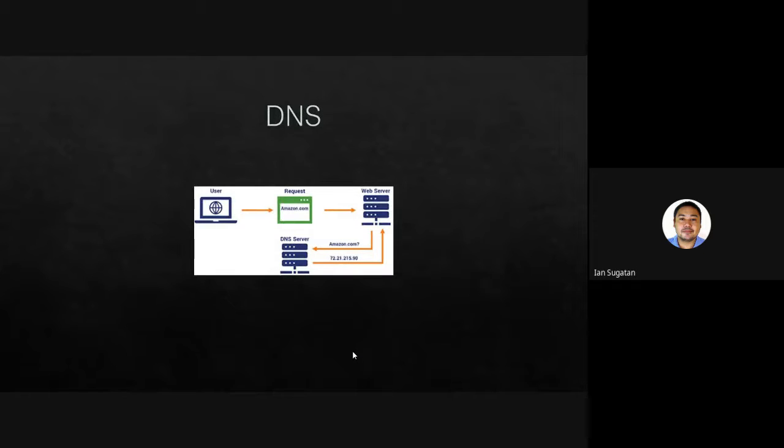So, what is the so-called DNS, or the domain name system? DNS is a hierarchical and decentralized naming system used to identify computers, services, and other resources reachable through the internet or other internet protocol networks. The resource records contained in the DNS associate domain names with other forms of information.